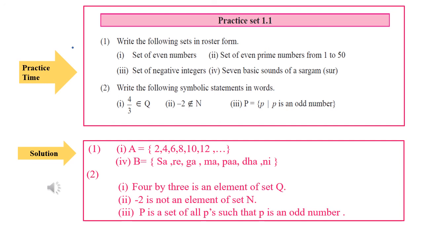Correct? So you have to just convert this or translate it into word form. That's it. So just have a look at the solution, and whichever questions are not solved here, those you have to solve on your own. Okay?